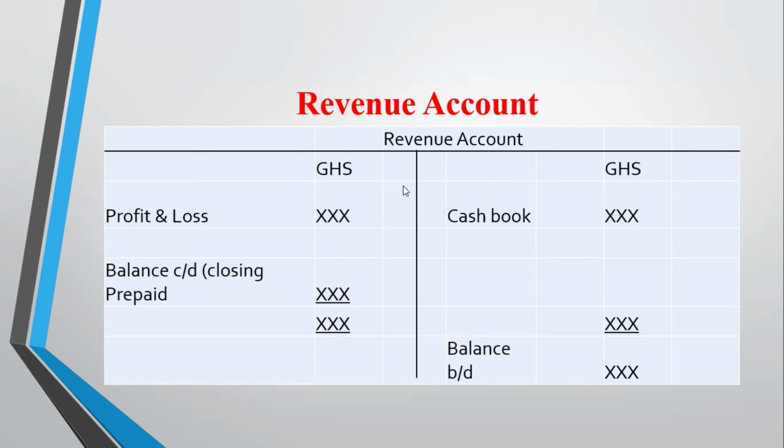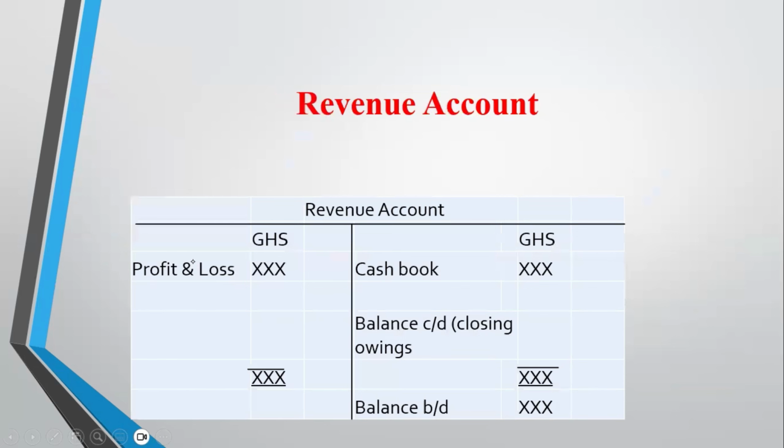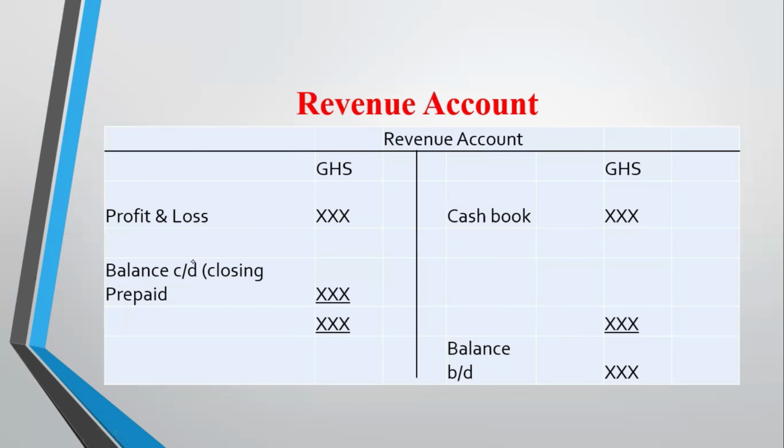So if there is unearned income, the amount that we've received, we need to deduct, and we deduct by debiting it. When we debit it, the difference that we get is what we transfer to our profit or loss account. Very, very simple. So the balance carried down here will be the same as the balance brought down on the credit side. Very, very simple.